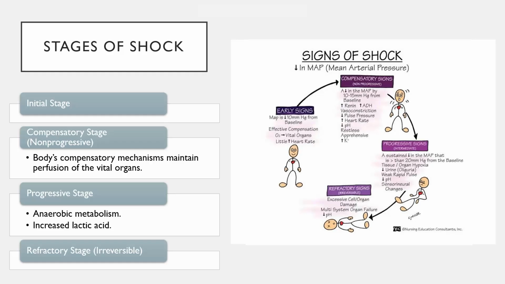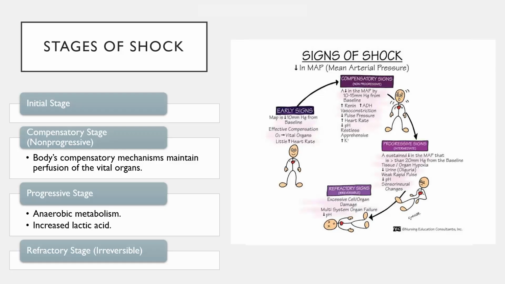Your stages of shock. So you have your initial stage, you have your compensation stage, you have your progressive stage, and you have your refractory stage. So the initial stage of shock is that initial injury or initial infection or being exposed to that allergen you're allergic to. Your compensation, so your body, that next stage is non-progressive. The body is trying to compensate.